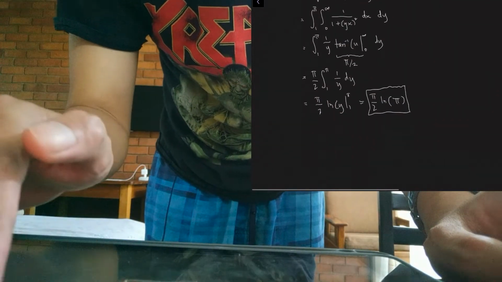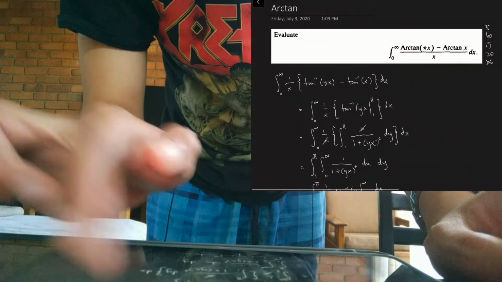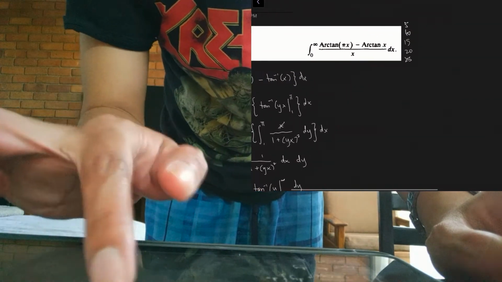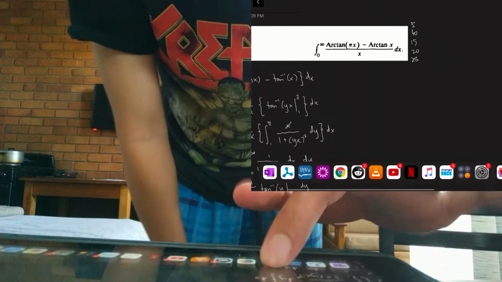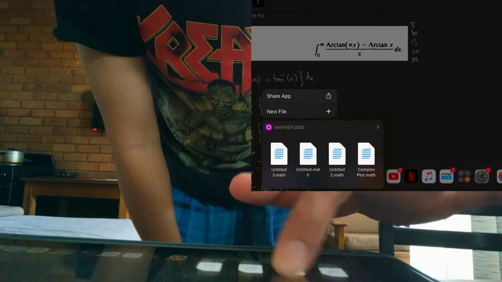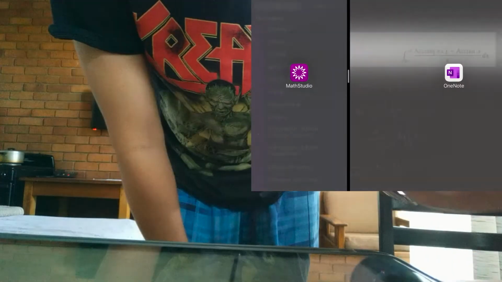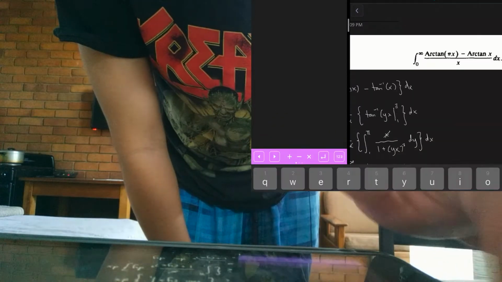Like always, since this is a definite integral, we can ask a mathematical software to evaluate it for us. Let's look at our Math Studio right here. Let me create a new blank page.